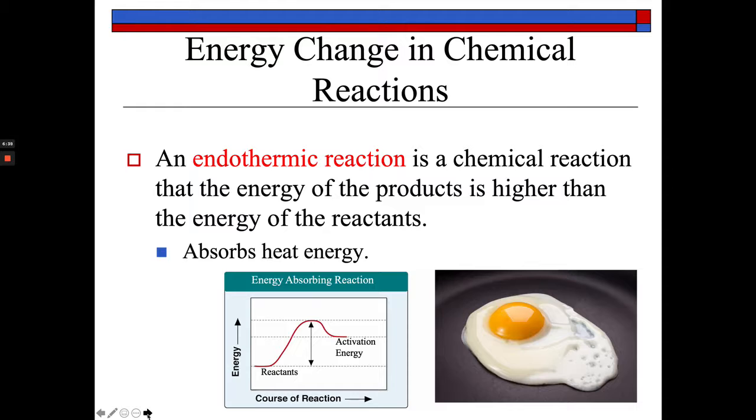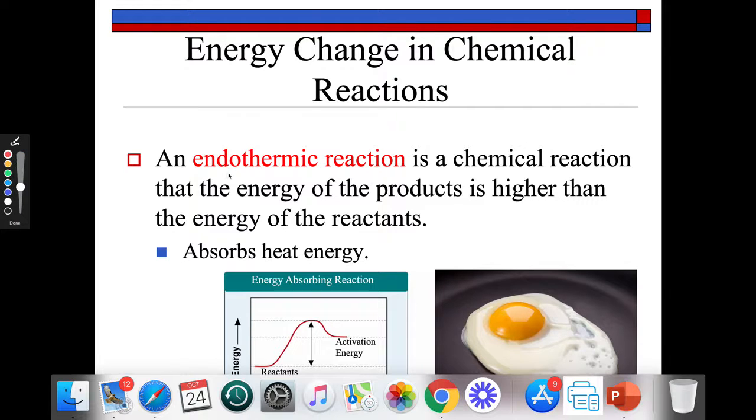You have cookie dough, and the dough has to absorb the heat from the oven in order to cause the chemical reaction to bake the cookies. So once again, in an endothermic reaction, you are absorbing energy.